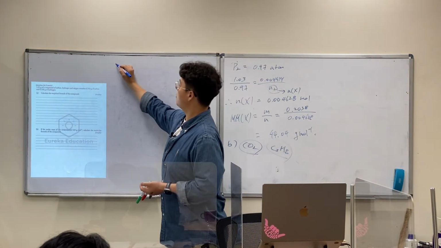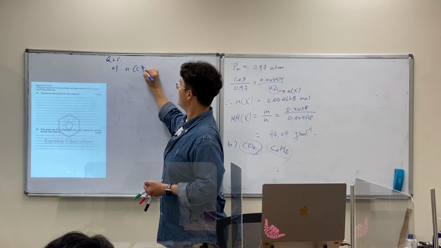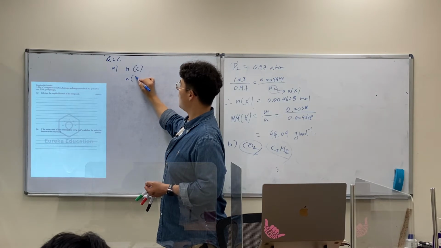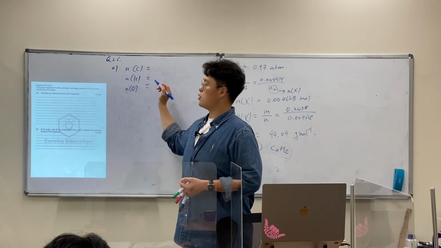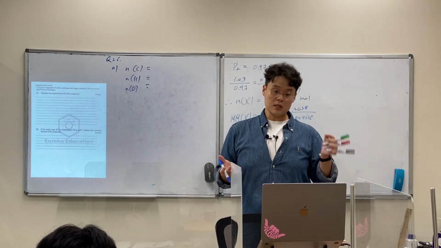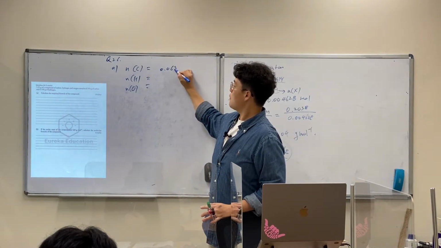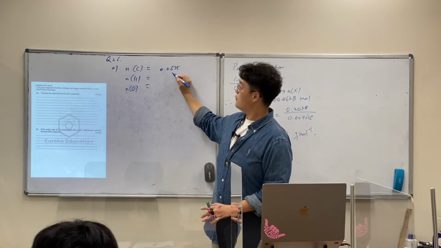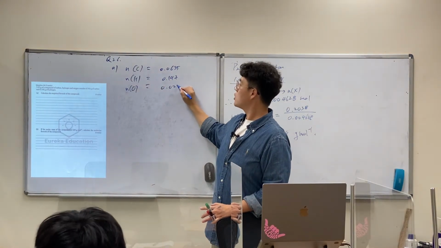So when you find the number of moles of carbon, hydrogen, and oxygen, I recommend making a table sometimes, and doing the same procedure. You get the number of carbon is 0.0635, and that's 0.147. The last you should get 0.0212.